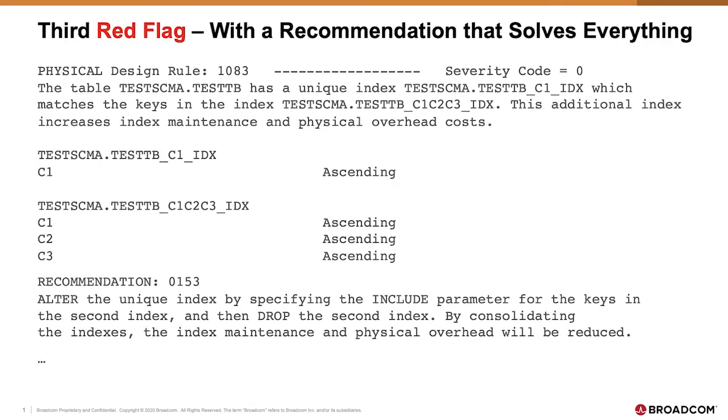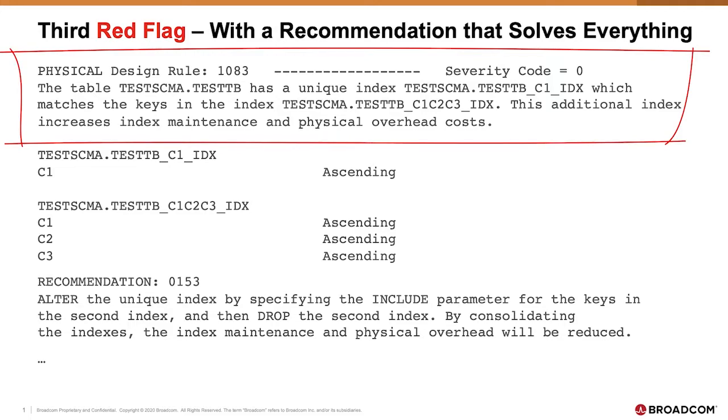We have a third red flag and a recommendation that solves everything. Physical Design Rule 1083 states that we have table test_tb with index test_tb_C1_IDX, and it has the same keys as index test_tb_C1_C2_C3_IDX.